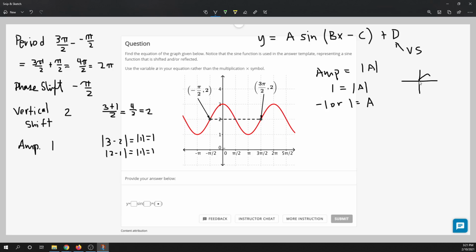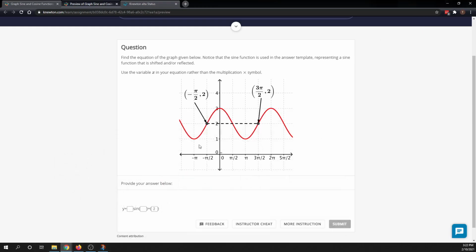If the amplitude is negative, it's going to start at the midline and go down. So looking at the graph they give us, right, it's starting at the midline and it is going up, right? So that means that this one is going to have to be the positive one. So the amplitude, or the value of a in this particular one, is going to be 1, okay?